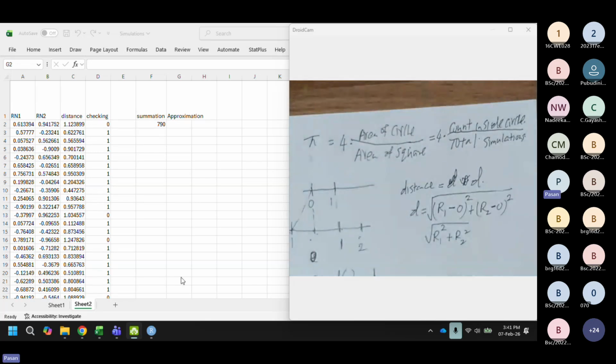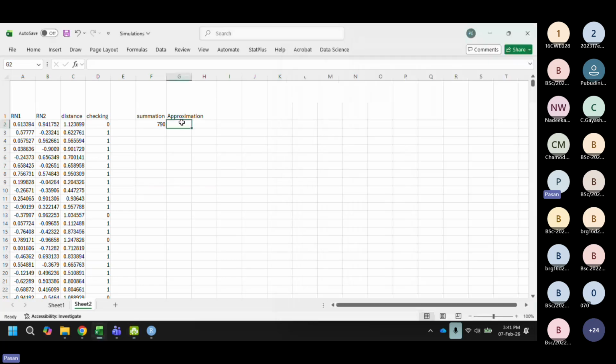In my example, I did 1,000 simulations, right? So you can multiply this number and divide by 1,000.